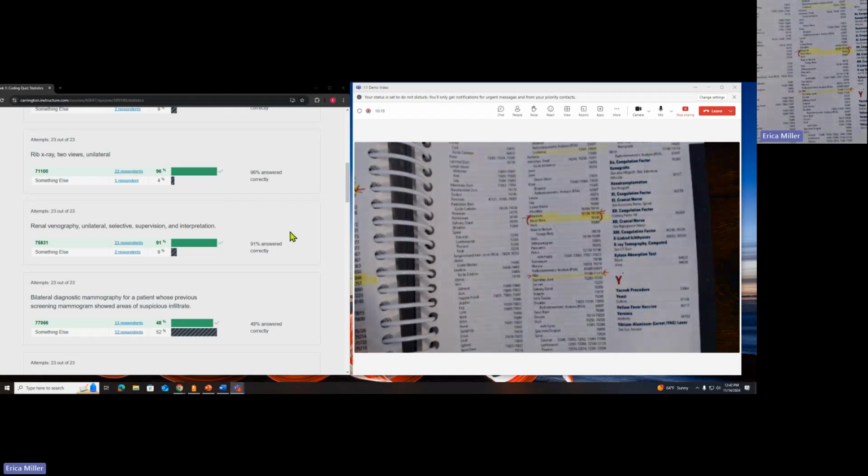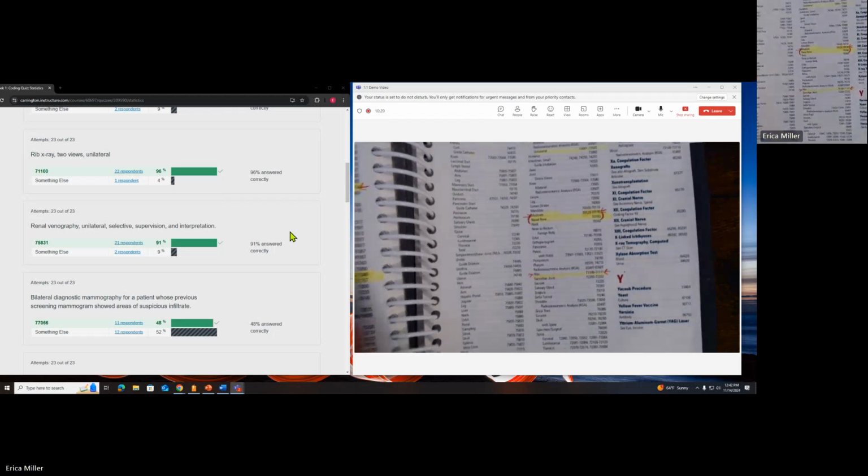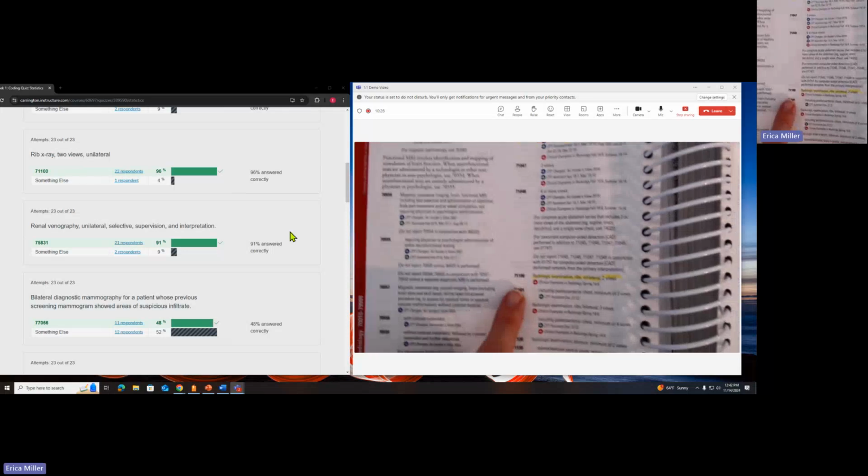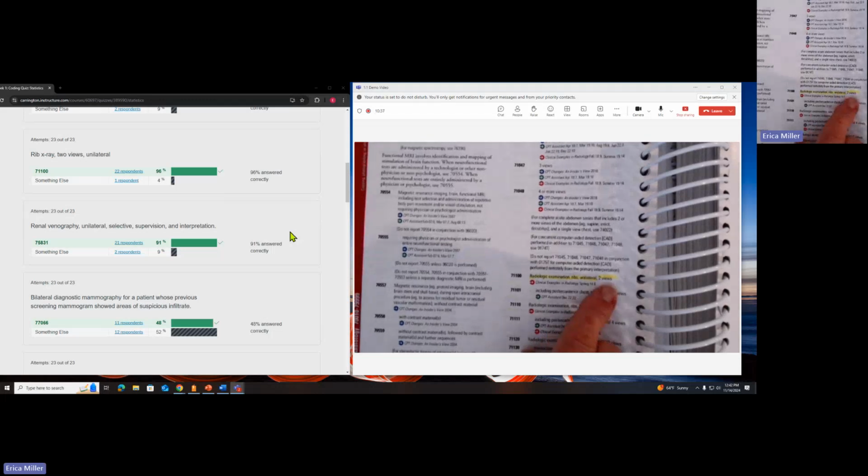What do I still need to find? So now, once I get over to my tabular section, I can see the first code listed, 71100, captures everything that we need. There's your term of unilateral, there's anatomic site, and the detail of two views.